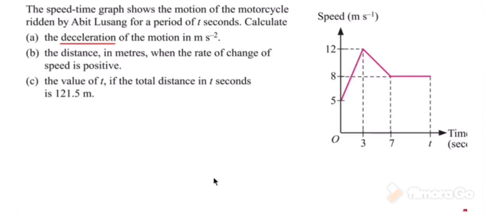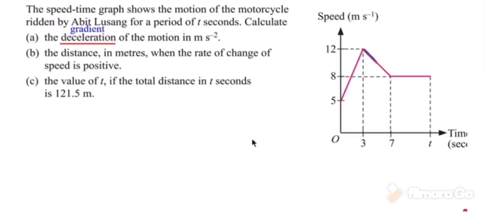You just remember: deceleration, decrease. Decrease means going down, minus. Decline also means less. So when you see deceleration, it means finding the gradient, and the gradient that you choose must be the gradient that is going down.